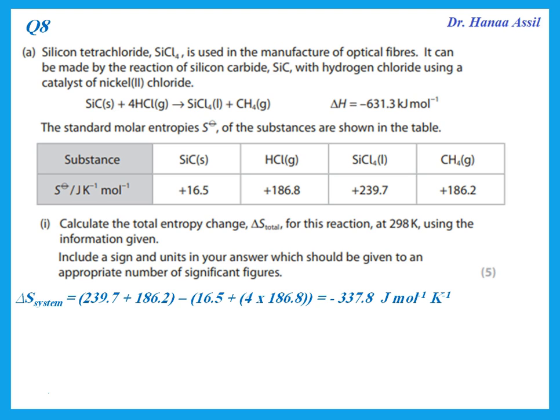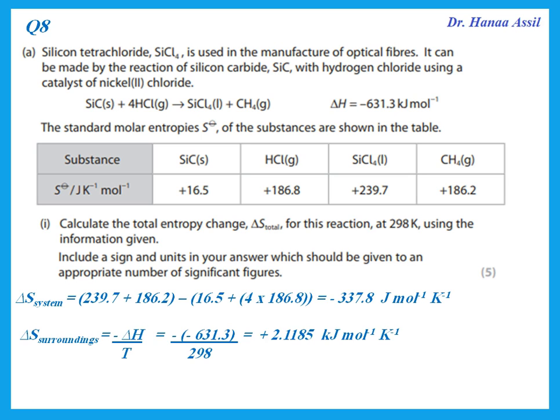It is the entropies of products minus reactants. So the entropy of the SiCl4 plus the entropy of CH4 minus that of the reactants. And remember that we have in the reactants 1 of SiC, but we have 4 of HCl, so I have to multiply that number by 4. Overall, the delta S system is this number with a negative sign and joule per mole per degree. Again, do not forget the signs. Whether they are positive or negative, you have to put them.